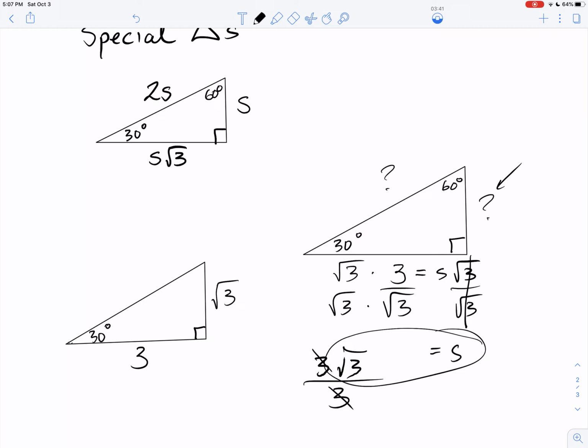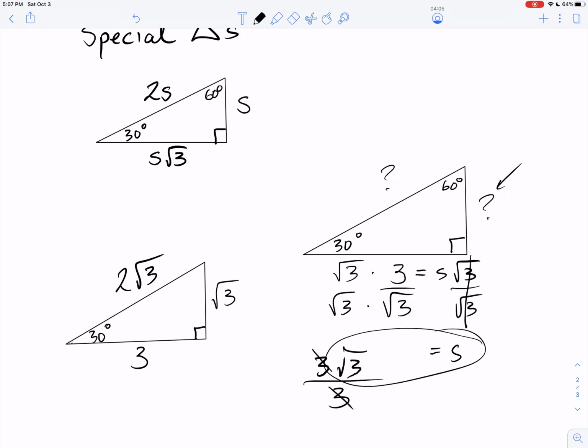If that's what S is equal to, then 2S would mean 2 times that. There's 2S right there. This is something they taught us in geometry. What we are going to be doing with this, though, is applying it to trigonometry.